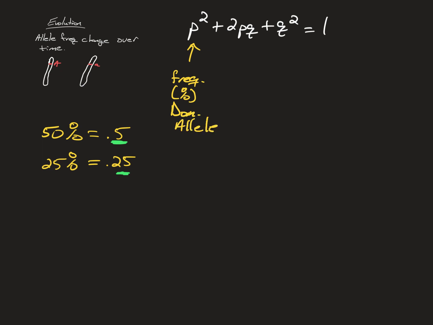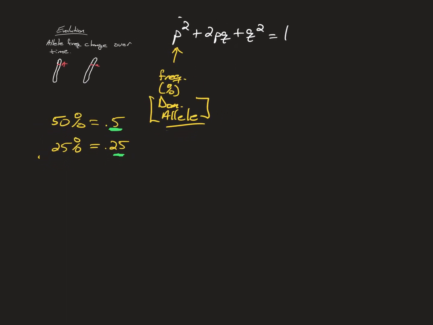Now, I say the dominant allele because when we're talking about dominant and recessive, Hardy-Weinberg, this equation is usually for dominant and recessive, but you could use it for codominance and incomplete dominance. Where it does not work is when you have multiple alleles, like A, B, and C, like the A, B, O blood group, right?